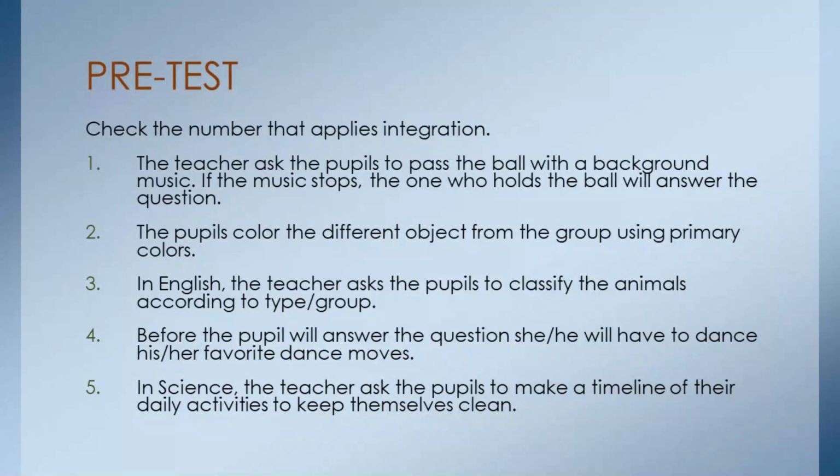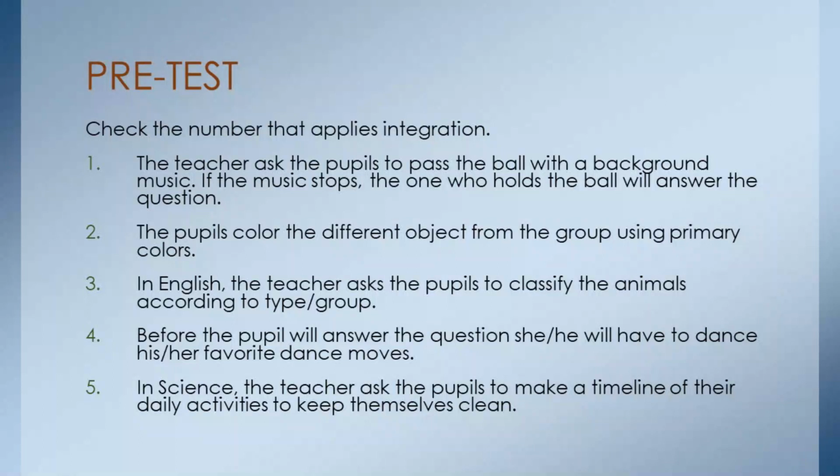Number 2. The pupils colored the different objects from the group using primary colors. Item number 2 also has integration, concept, primary colors, subject or learning area, arts. Number 3. In English, the teacher asked the pupils to classify the animals according to type or group.